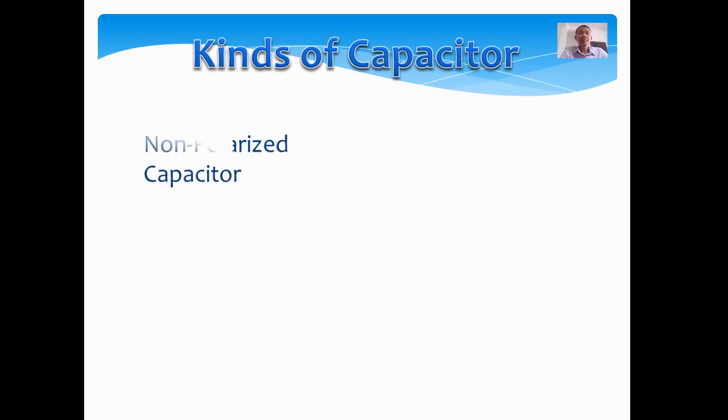Under the kinds of capacitor, we have the non-polarized capacitor, or the capacitor that you can mount on the circuit without looking at polarity. As you can see on its symbol, there is no polarity symbol, no positive, no negative. It can be mounted the way you like it. The first one is ceramic capacitor.